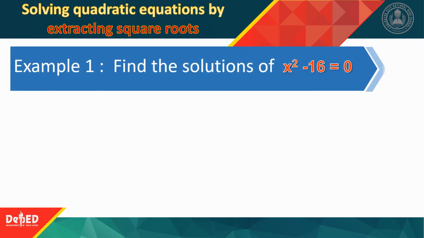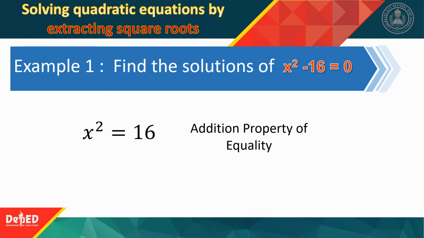One thing to remember in this lesson is that all quadratic equations should be written in standard form for us to solve or find the roots of the equations. Sample number 1. Find the solution of x squared minus 16 is equal to 0. So x squared is equal to 16 by applying the addition property of equality.